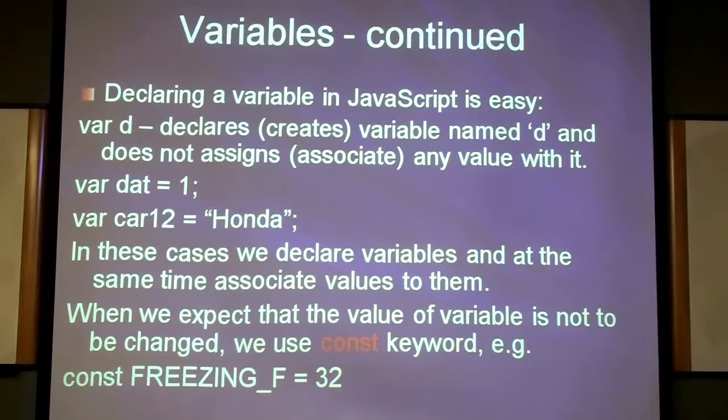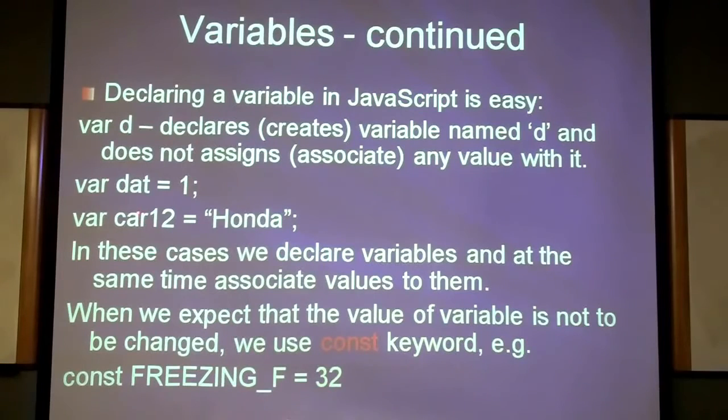And then again, in this case, we actually define a variable and create a variable and assign value to it. So when you create a variable, you should not instruct JavaScript what kind of information you are going to store there. Unlike many other programming languages, this is not required. That's why it's called weak type language, or actually loose type. Some people also say loose type. So you don't need to predefine the type of the information you are going to store.